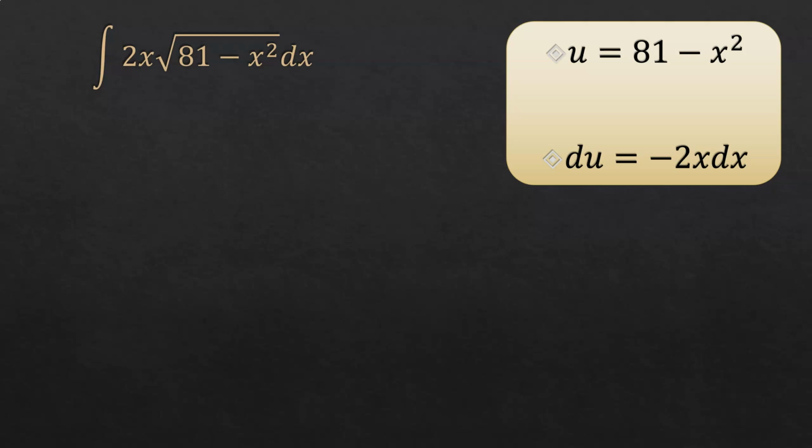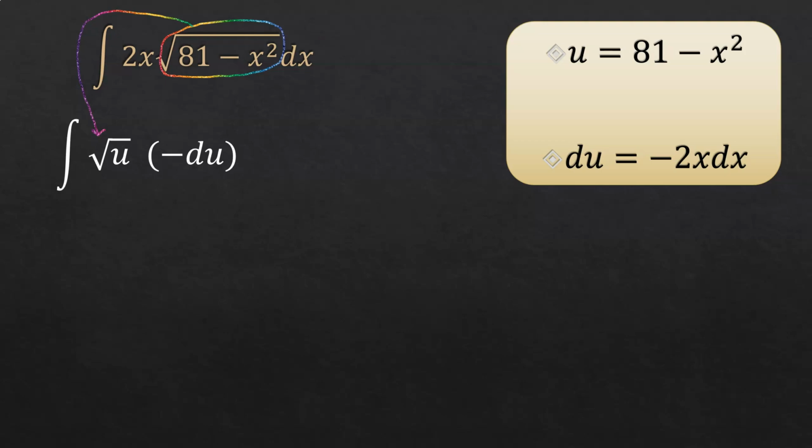Okay, so then if we look back and do a little substitution, so change everything into the variable u instead of x, we would have square root of u, and then we would have negative du. Let's see where that comes out here. So square root of that thing is square root of u.